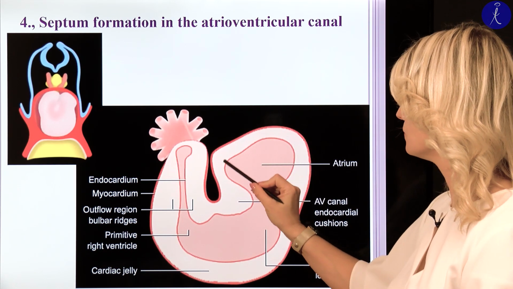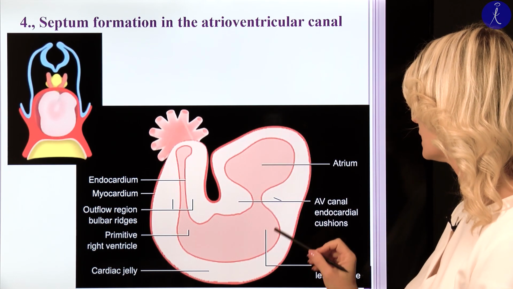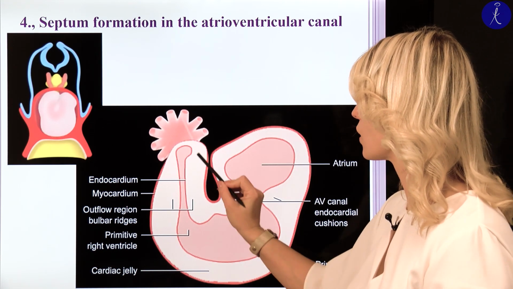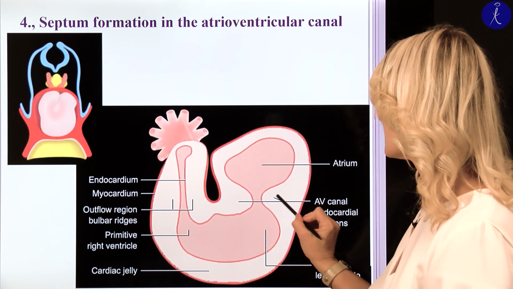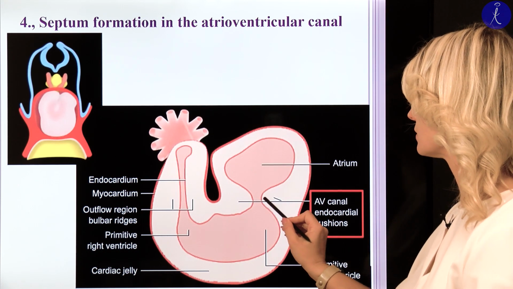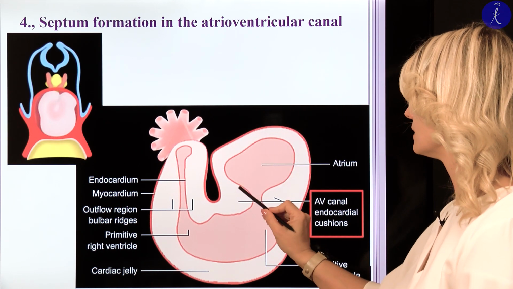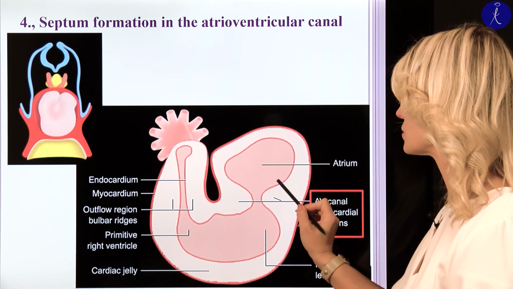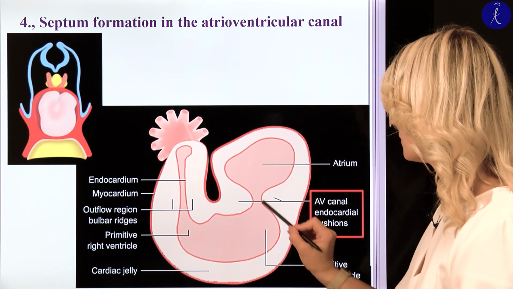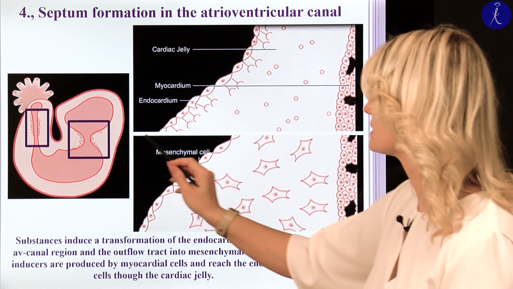This is the atrium located posteriorly. Here is the left ventricle and the bulbus cordis. And there you can see the atrioventricular canal. In the atrioventricular canal, you see that endocardial cushions start to develop. Here you see how it's happening.